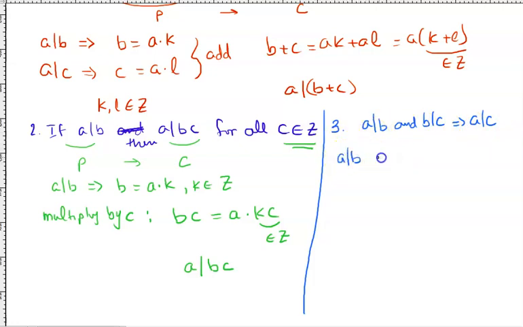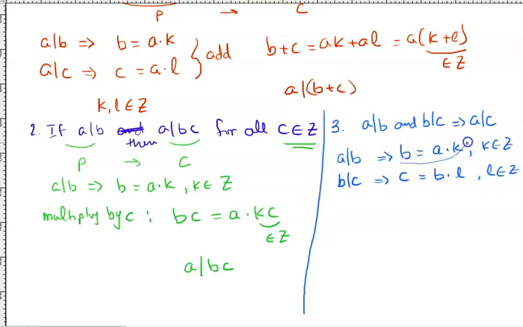So A divides B means that B can be written as A times an integer, K. B divides C means that C can be written as B times another integer, L. Okay, and now we're going to substitute.